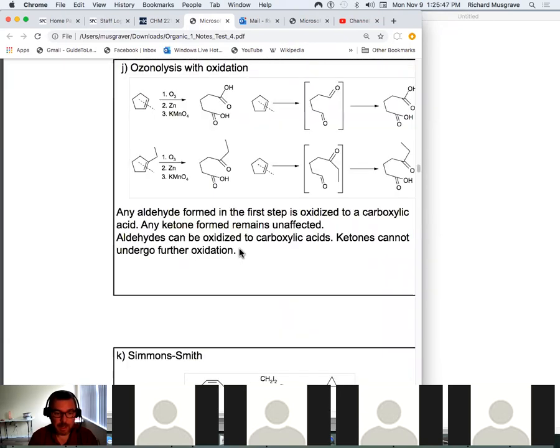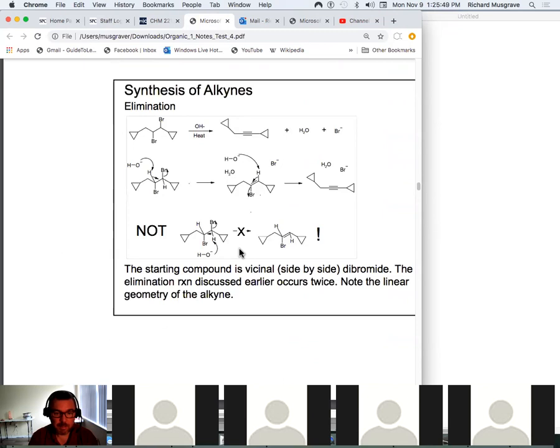The reaction we're looking at here has two bromines next to each other. And it's almost like two double bonds, but they end up making a triple. As you can see, we do the same thing twice and end up getting a triple bond as a product.